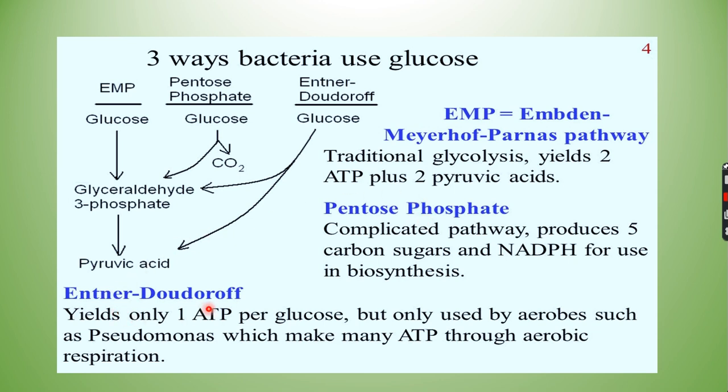Then the Entner-Doudoroff pathway yields only 1 ATP, and is used by aerobes such as Pseudomonas, which make many ATP through aerobic respiration. Whether EMP, pentose or Entner-Doudoroff, all have glucose as the initial compound, and they follow different pathways to give rise to the final compound, pyruvic acid.